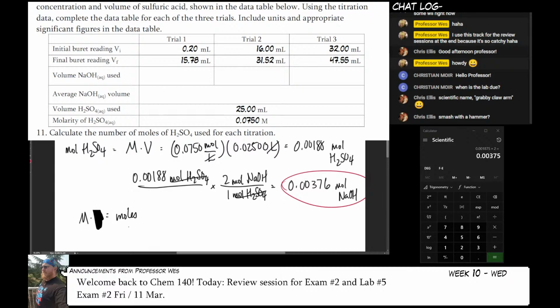Oops. So I'll just do this. That's good enough. Then moles divided by volume would be molarity. And we have both of these numbers, so let's just do that.